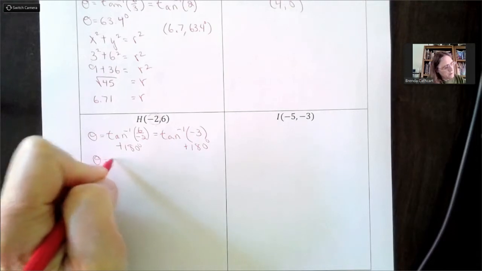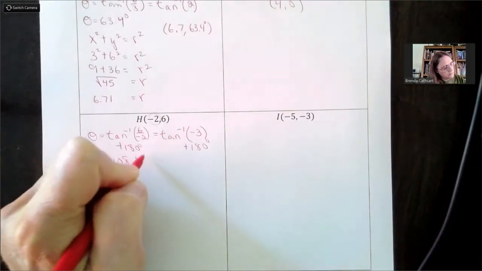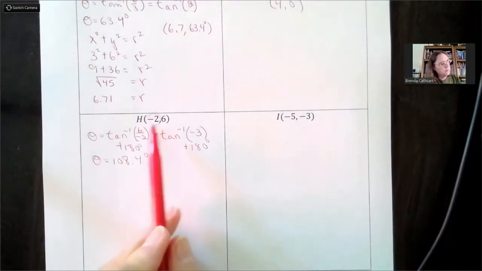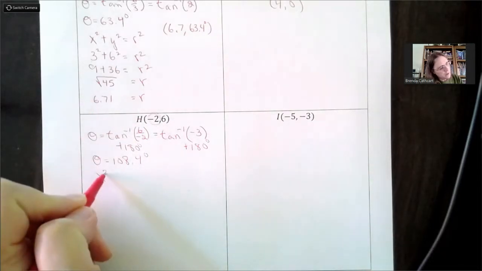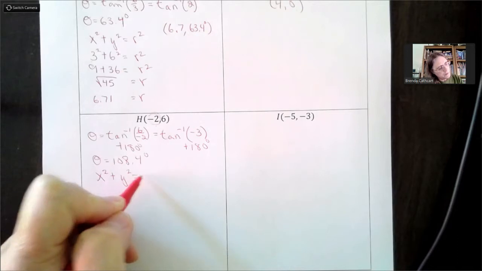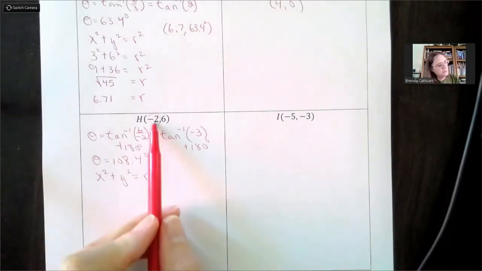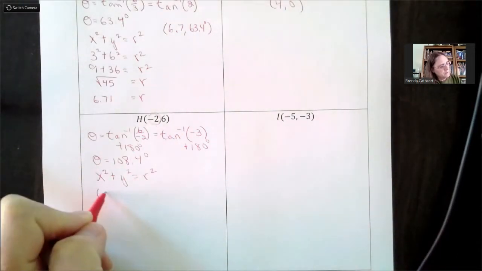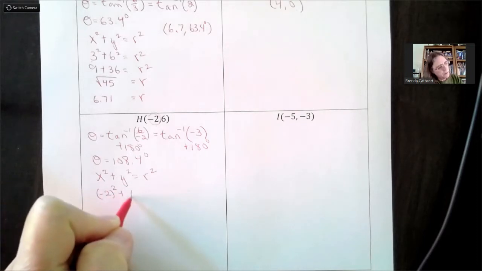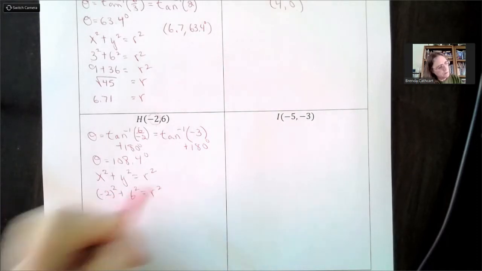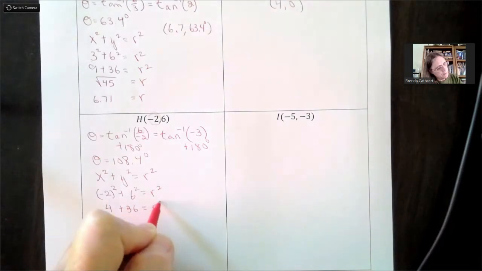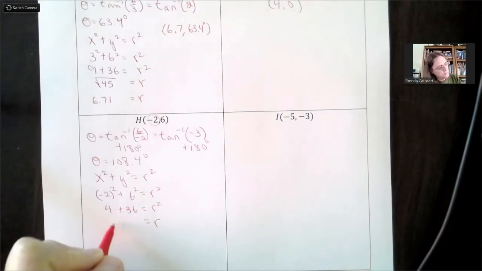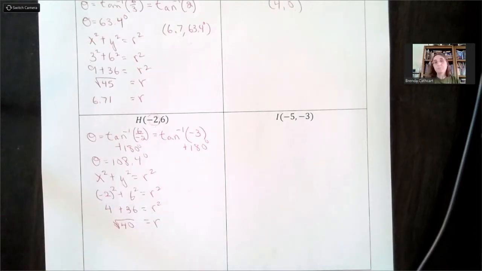So theta is 108.4. Okay, now to find our radius, we're going to use our equation of our circle, x squared plus y squared equals r squared. Using our coordinates here, we have negative 2 squared plus 6 squared equals our radius squared. So 4 plus 36 is equal to r squared. That comes out to be 40, so r is the square root of 40.